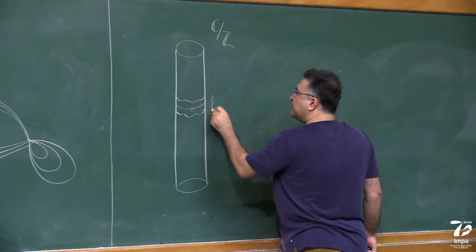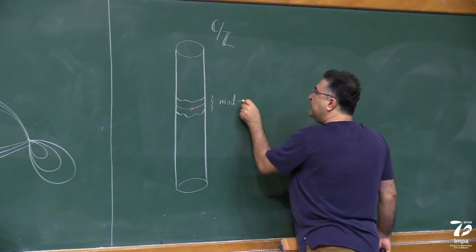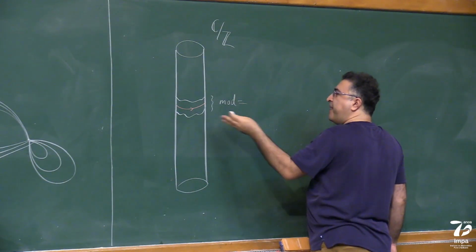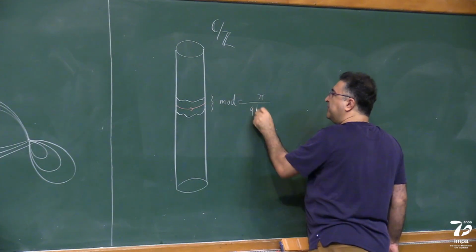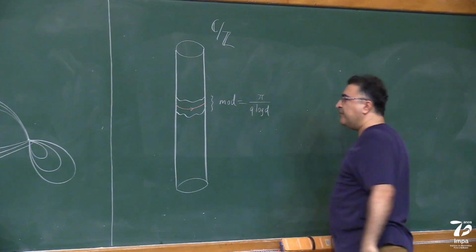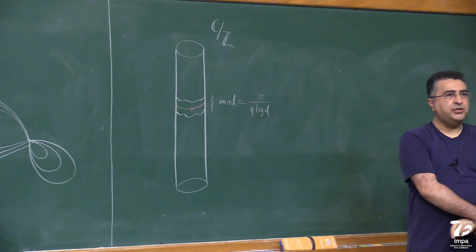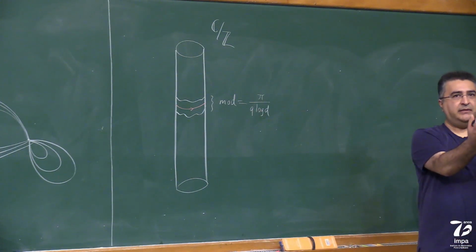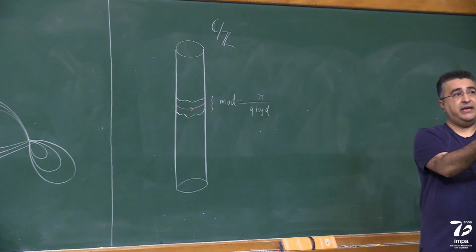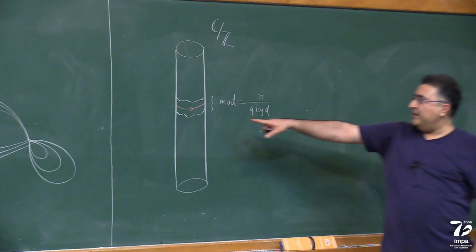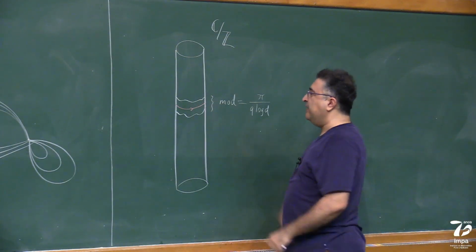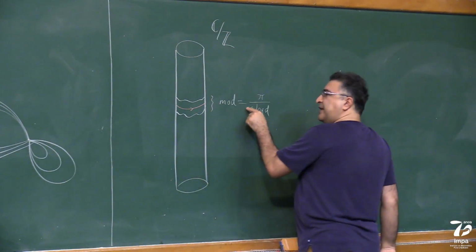And the modulus of this is independent of all choices. I think it's pi over Q log D. So in the quotient, when you take the band around every, say, heteroclinic arc in the same basin, in the quotient cylinder, it looks like an annulus with this definite modulus.